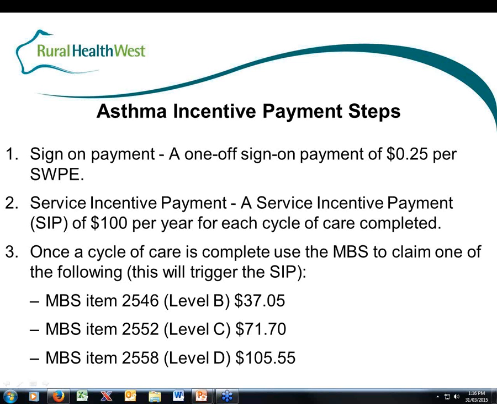Once a cycle of care is complete, you can use the Medicare Benefits Schedule to claim one of the following MBS items, which will trigger the payment. MBS item 2546, which is the equivalent of a level B, MBS item 2552, which is the equivalent of a level C, and MBS item 2558, which is the equivalent of a level D.